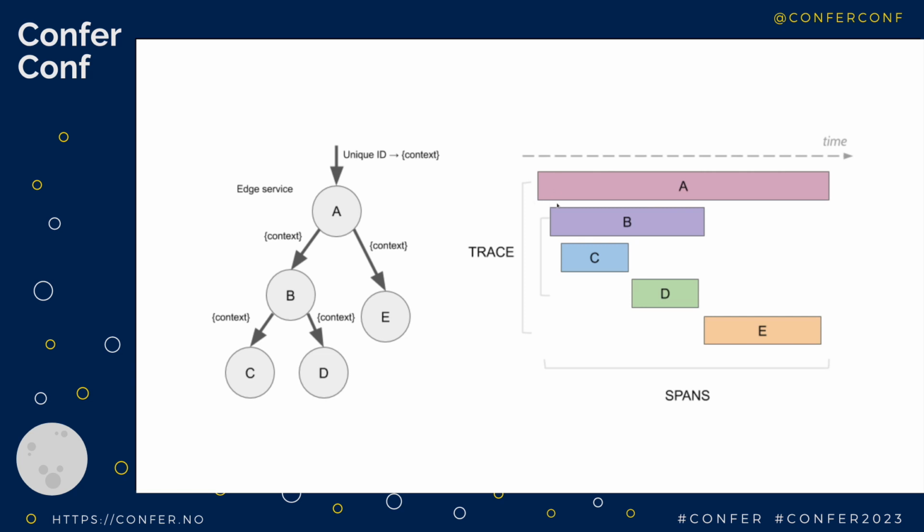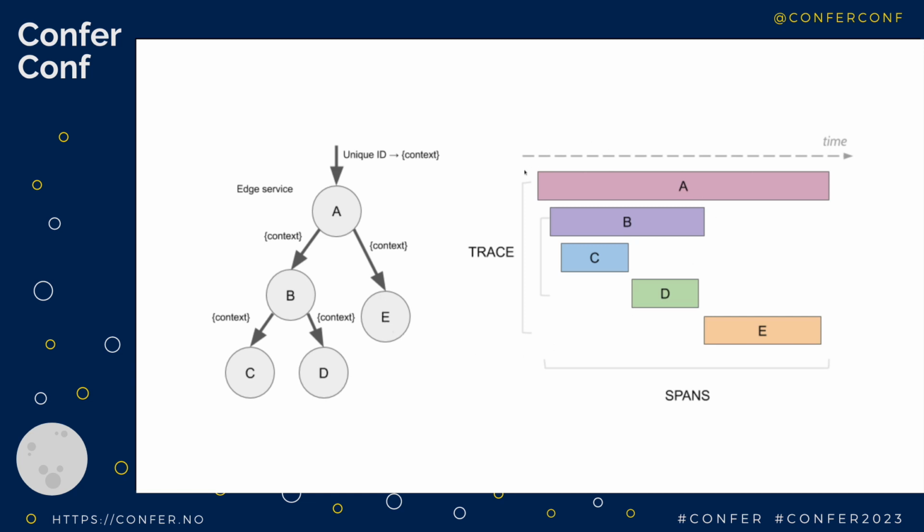We do something, and then we call B. And when we call B, we have some computing and we call C. So we can see the span start here and finish here. After C, we call D, right? So it's like this. When we finish D, A calls E.